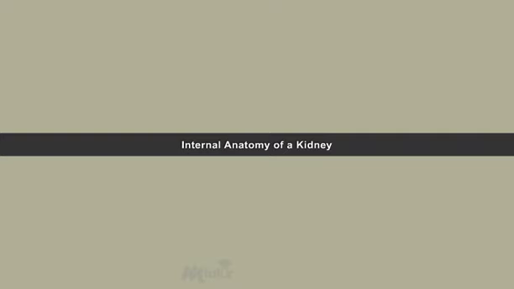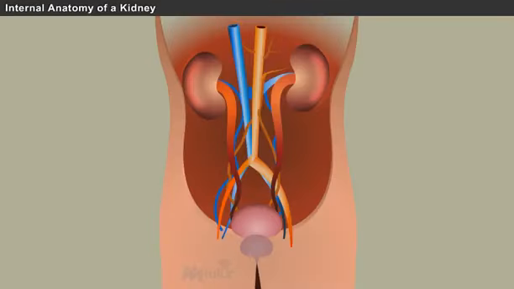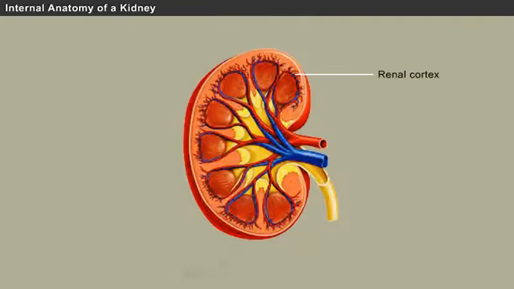Internal anatomy of a kidney. A frontal section through the kidney reveals an outer region called the renal cortex and an inner region called the medulla. Within the medulla, there are 5 to 8 renal pyramids divided by columns of the renal connective tissue.